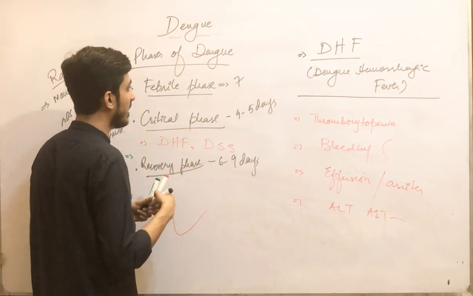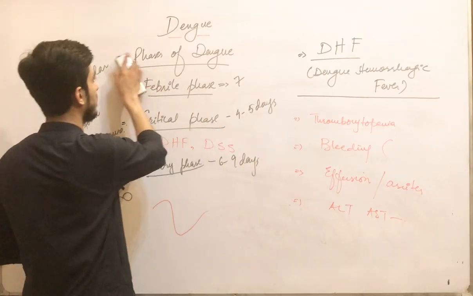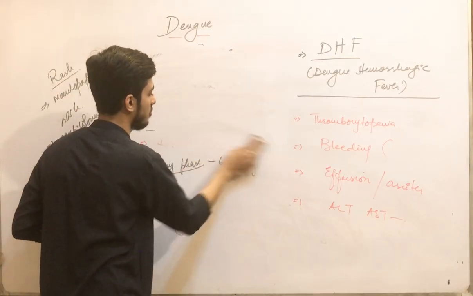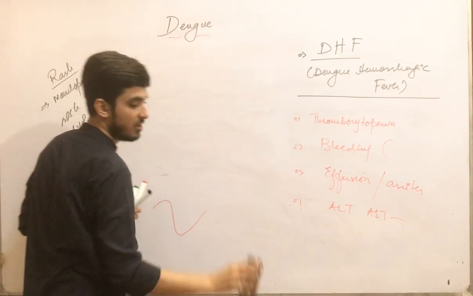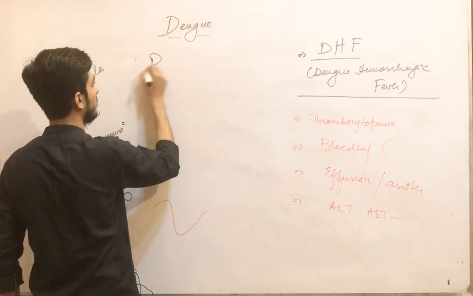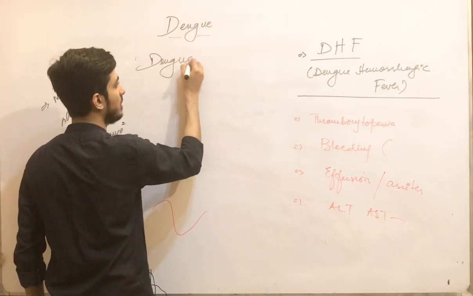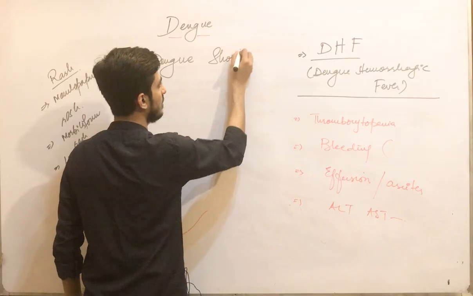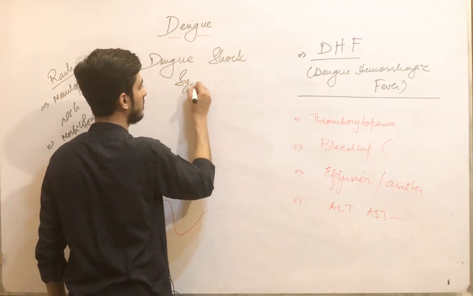Then the second thing we have is the dengue shock syndrome. What is dengue shock syndrome, and what is the difference between the dengue hemorrhagic fever and the dengue shock syndrome?